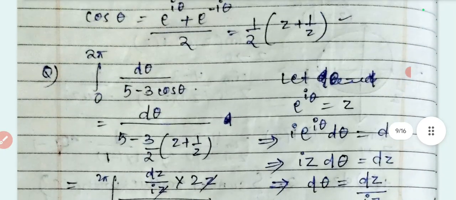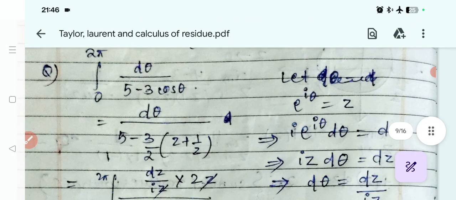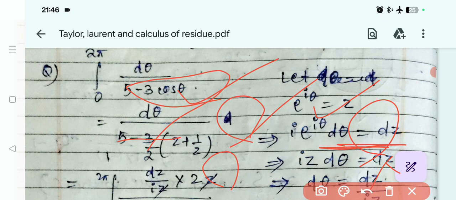Remember the general form. If we take 5 as a and 3 cos theta, 3 as b, and a is greater than b.